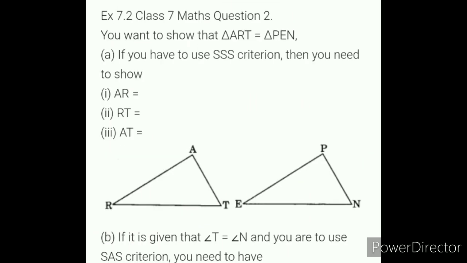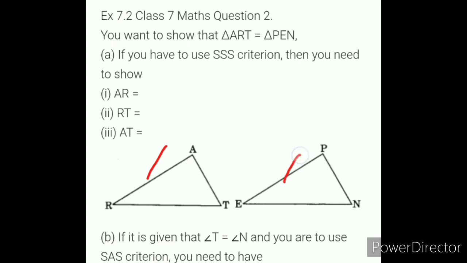Question 2. You want to show that triangle ART equals triangle PEN. If you have to use SSS criterion, then you need to show AR is equal to, AR is a side of triangle ART.